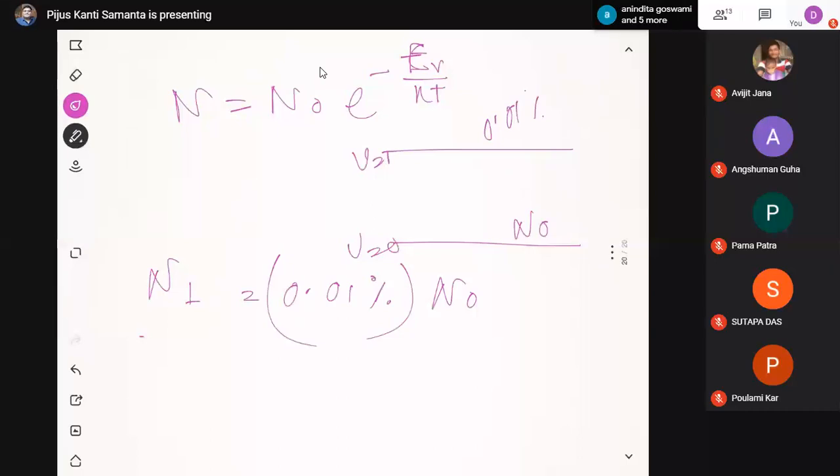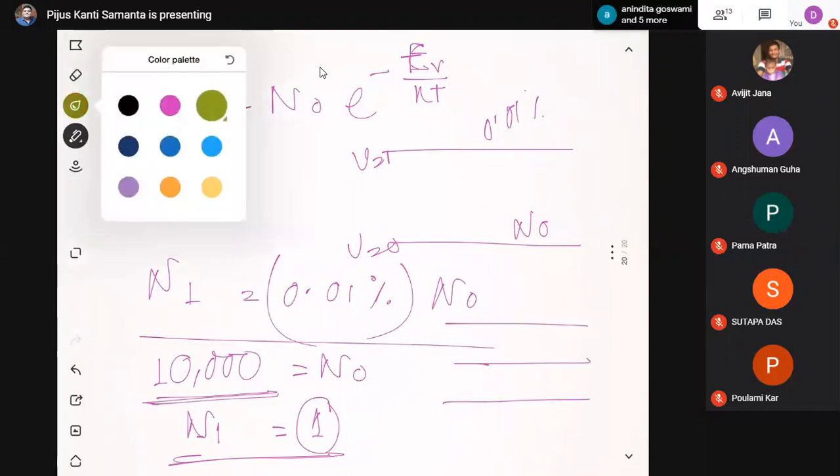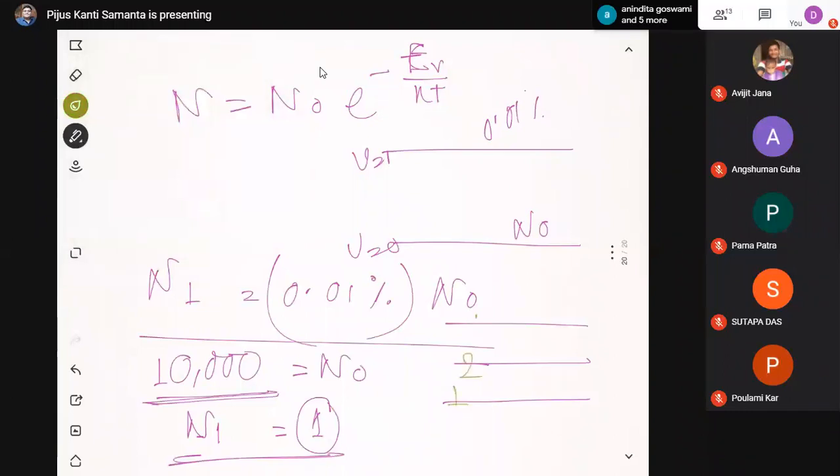If we make a calculation, suppose we have 10,000 molecules in the ground state, what will be in N1? It will be 10^4 times 10^-4, that means only one molecule will be in the V equal to 1 state. Take V equal to 1, V equal to 2, V equal to 3, and this is V equal to 0.